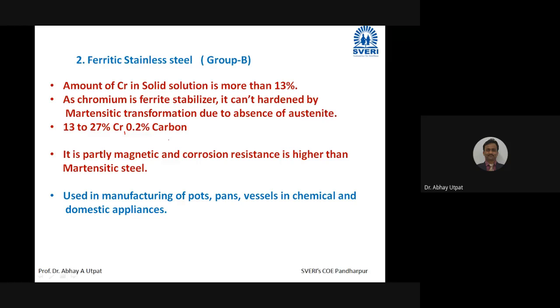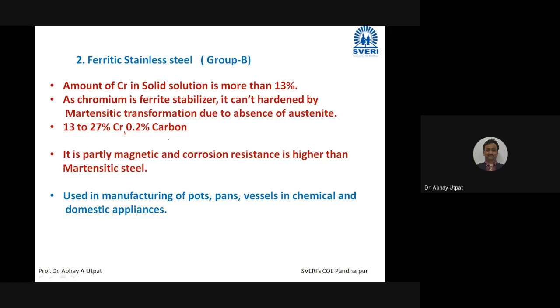But there is a logic: when the percentage of chromium is more, the magnetic properties are reduced. So when the percentage of chromium is more, stainless properties are more. When stainless properties are more, your steel has good quality. He is indirectly saying non-magnetic means good properties. So I explained this relation just now. Almost negligible magnetic properties are there.